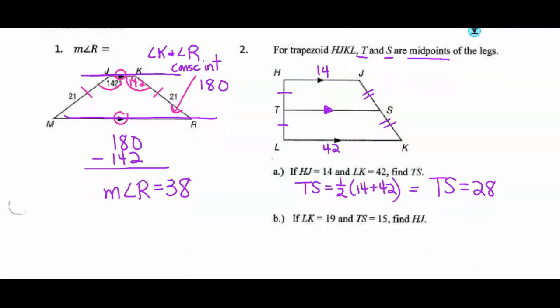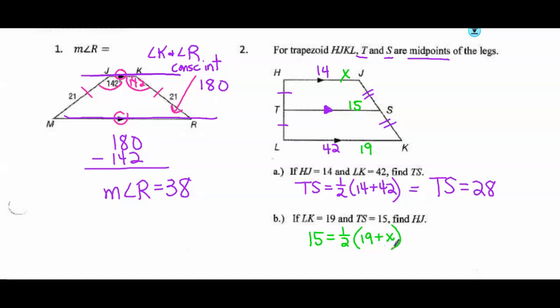Using the same picture, different question, it says if LK is 19 and TS is 15, find HJ. Different approaches you can take. I'm going to put 15, which is TS, equal to 1/2 of 19 plus X, because we don't know what it is.